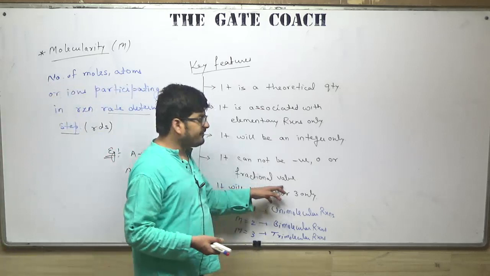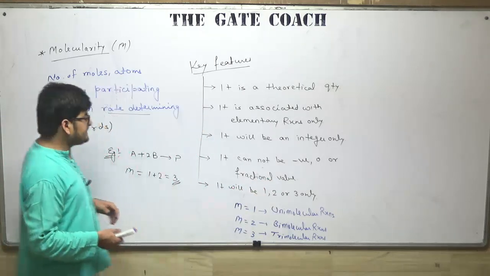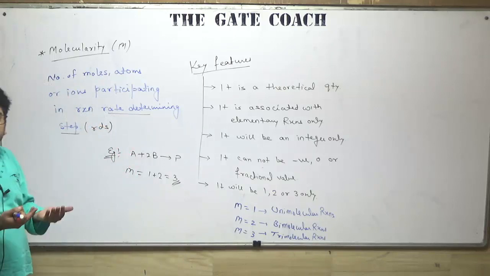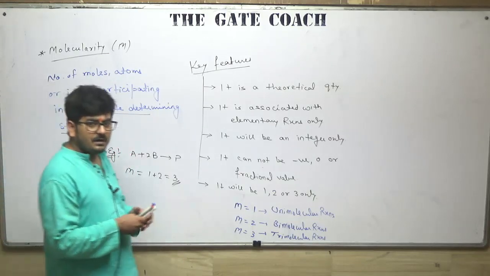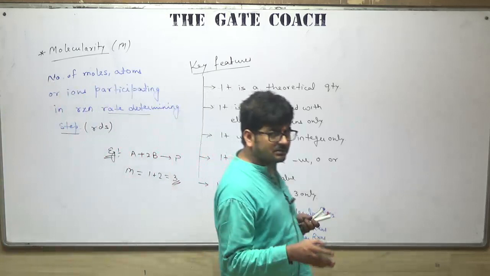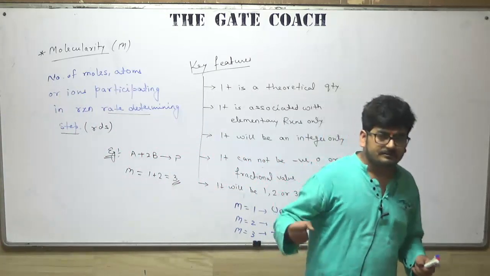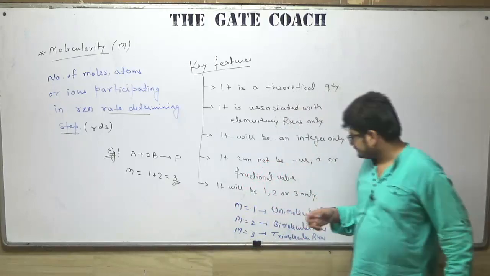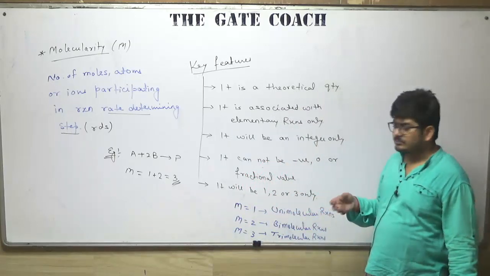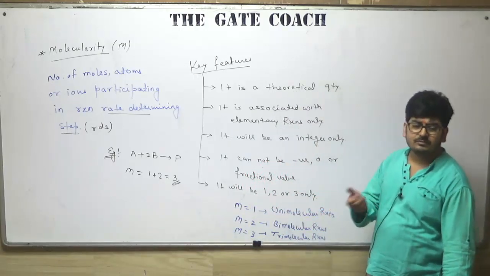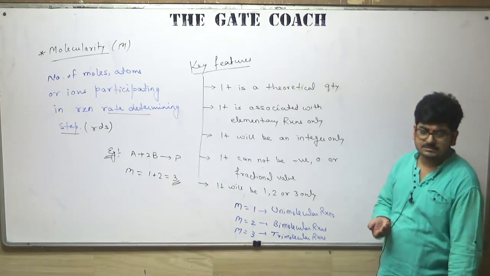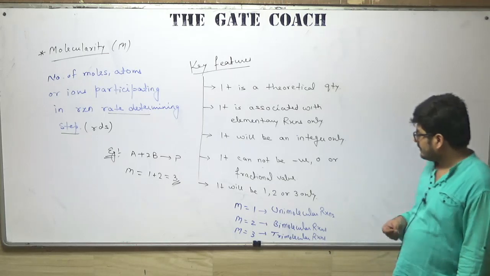And it will not be a fractional value. Obviously, when any molecule is participating in the reaction, that complete molecule will participate. Half of the molecule will not. Because a molecule can break into smaller molecules, but it cannot break into fractional numbers.